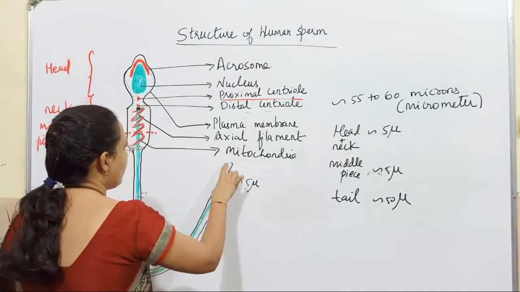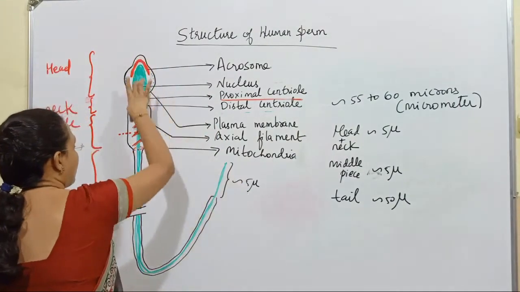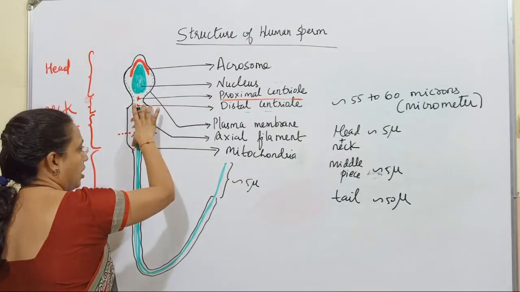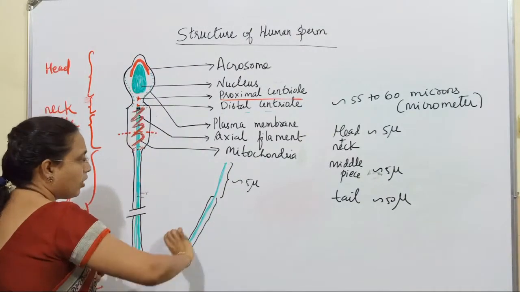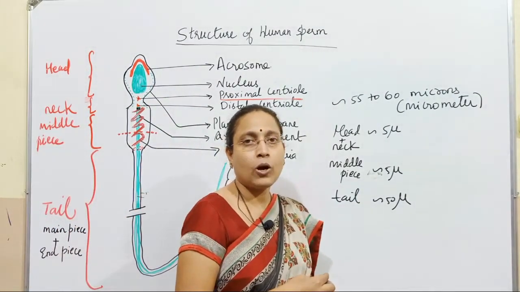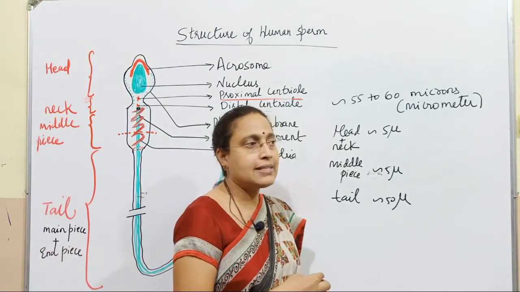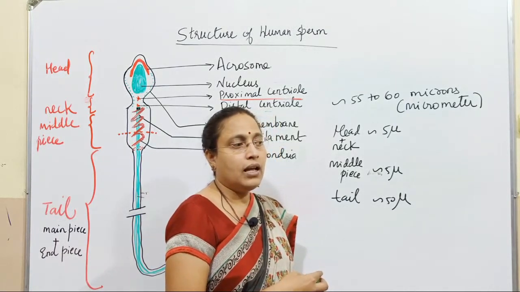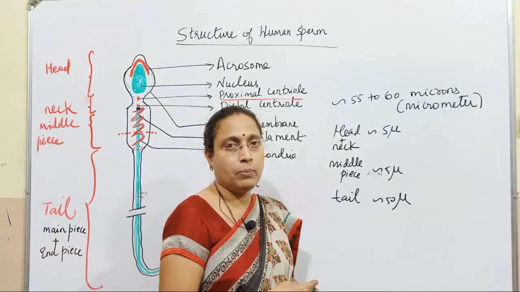So here 5 micron, 5 micron and 5 micron, and the remaining will be approximately 45 micrometers. So that is the length of the sperm.